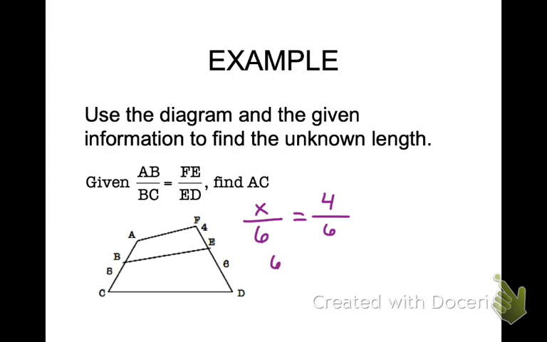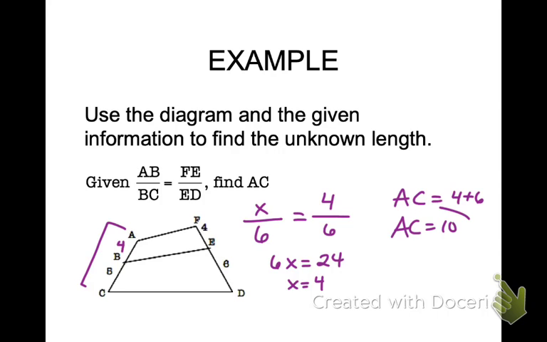Cross multiplying that gets us 6x equals 24. So x is equal to 4. So that means which length is 4? BA is 4. So what would be A to C? 10. Good. So A to C would be 4 plus the 6, which is 10. Okay.